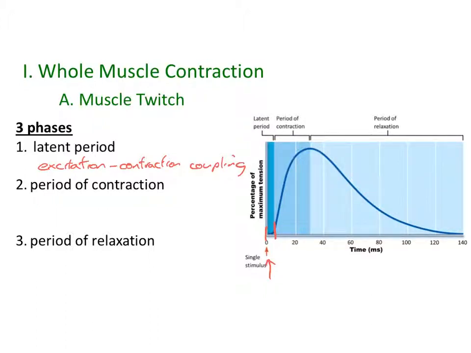The second period of a muscle twitch is called the period of contraction, and this is when the cross-bridge cycle is active. During this phase, the muscle is generating tension.